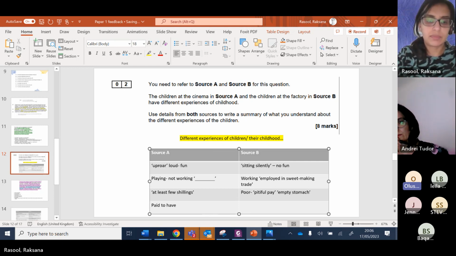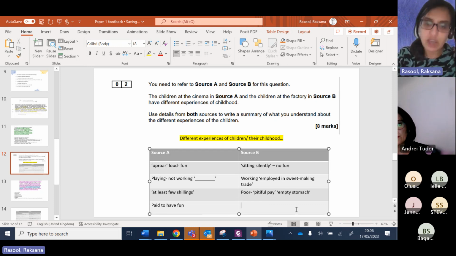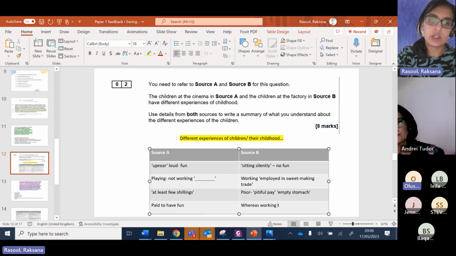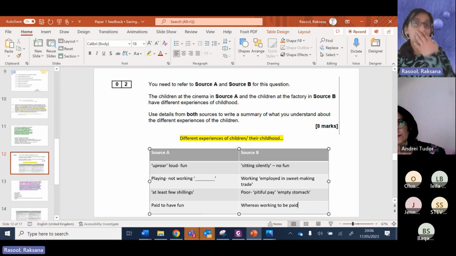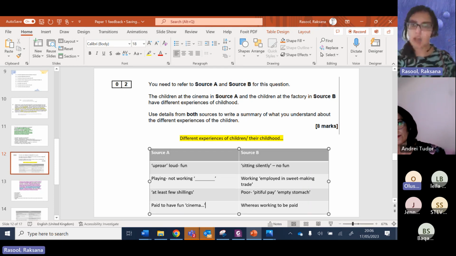Okay, I see what you're saying. They pay to have fun, whereas they are working to be paid, so they're not there to have fun. It kind of links to this one, but as long as you've got a quote that shows that they're paying to go into the cinema, something to do with watching a film, that's absolutely fine. Any more that people want to share?